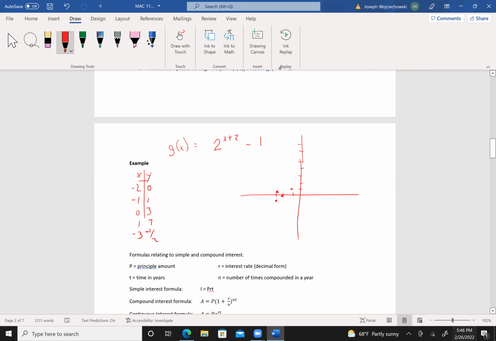At 0, we're at 3. And at 1, we're at 7. So if you remember from our translation, this drops our asymptote down to negative 1 instead of the x-axis.